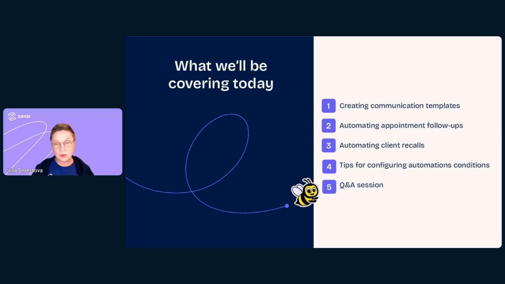One type is the post-appointment automation for the follow-ups, and another type is the recall automation. We will talk about what the difference is, and the use cases for when to use which automation. I'll show you different tips about how to configure those automations, and also some little, maybe not secrets, but some pieces of information that are important to know about those automations and their settings.